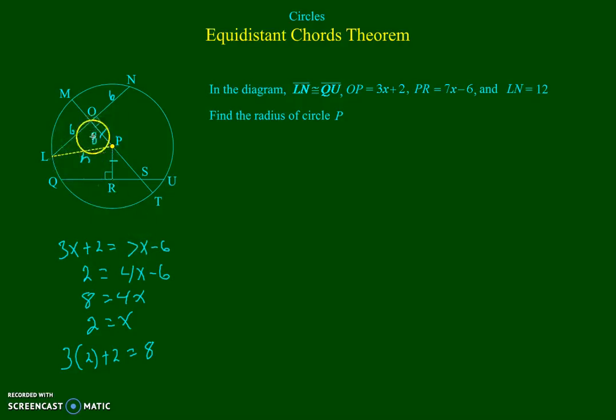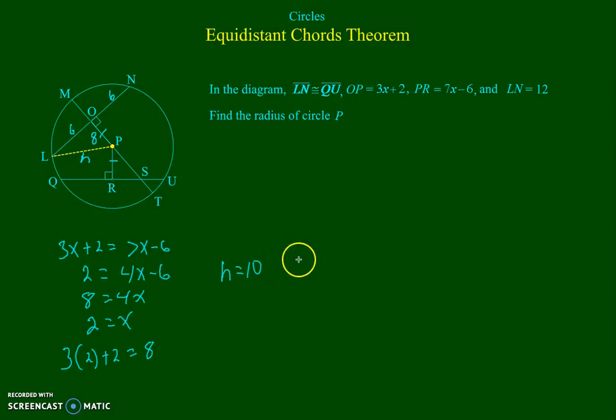If you look closely, this leg is 6, this leg is 8, and this must be a 3, 4, 5 Pythagorean triple. Because 3 times 2 is 6, 4 times 2 is 8, this must be 5 times 2, which is 10. So we know that H equals 10, because it's part of a Pythagorean triple.